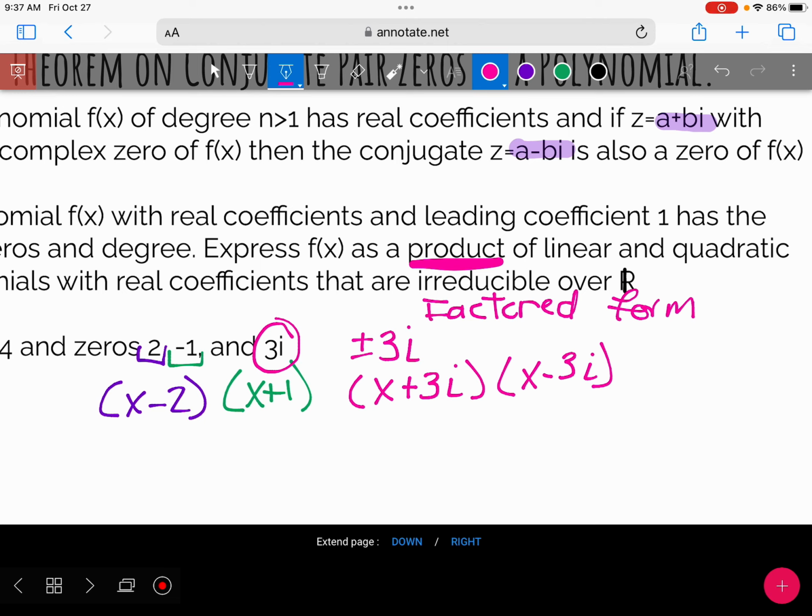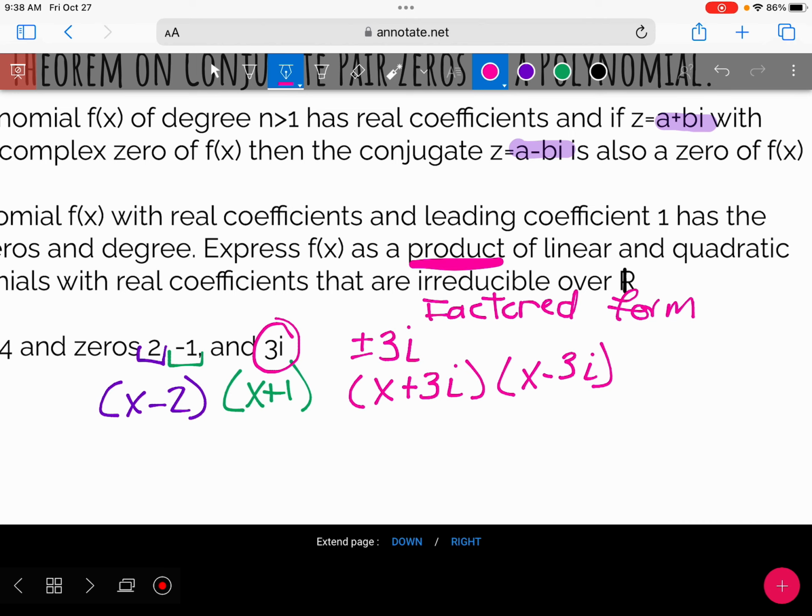However, have you ever seen a polynomial with i's in it? No. Multiply the two things with i's together. Our conjugate pairs, multiply them together. Because if we notice, this is a difference of squares pattern, right?